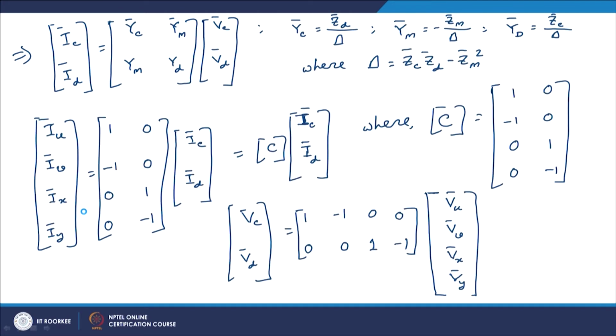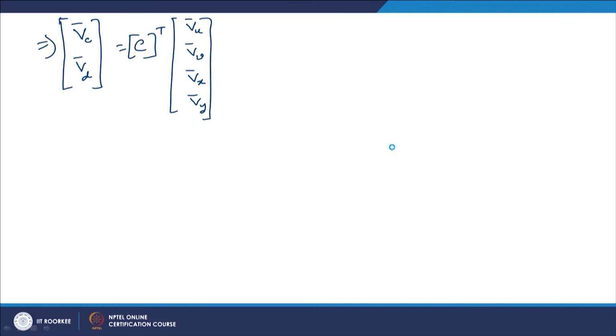Now, we have IC ID is equal to this. Let us say that this is equation 1, this is equation 2, and this is equation 3.